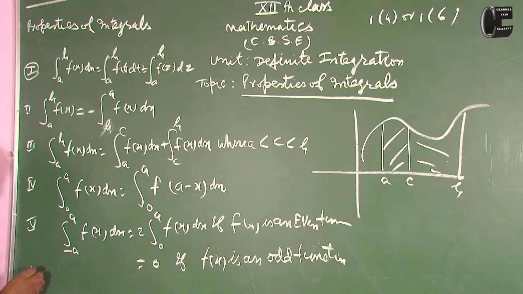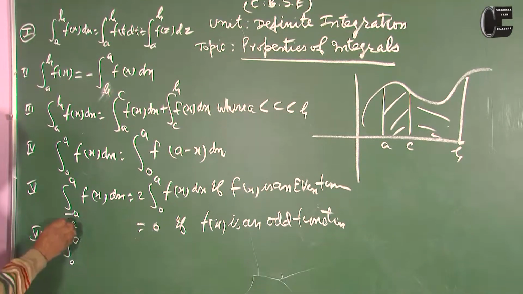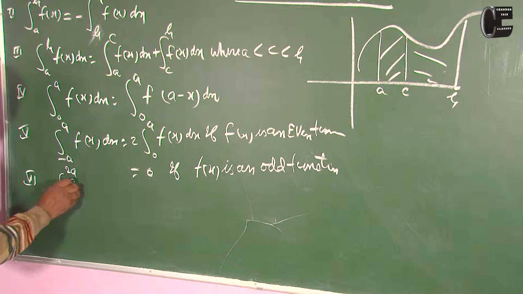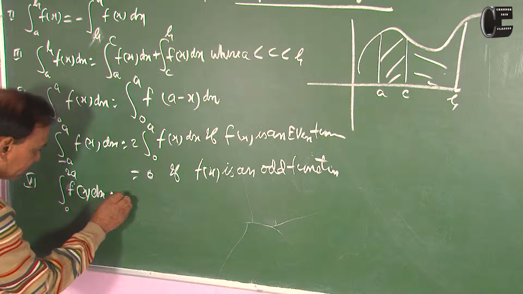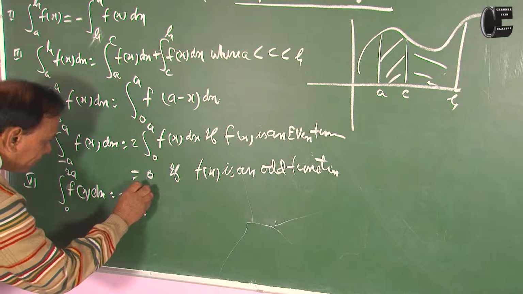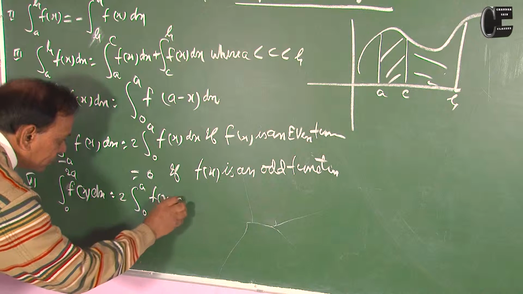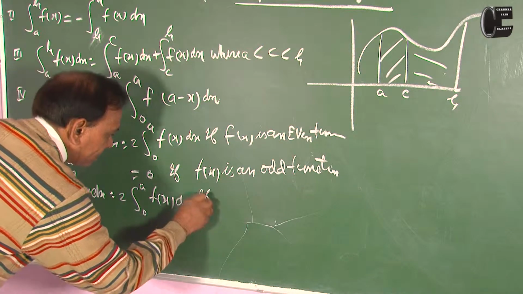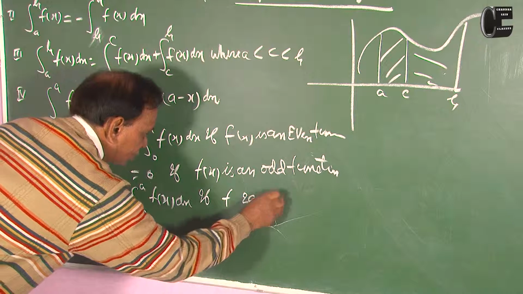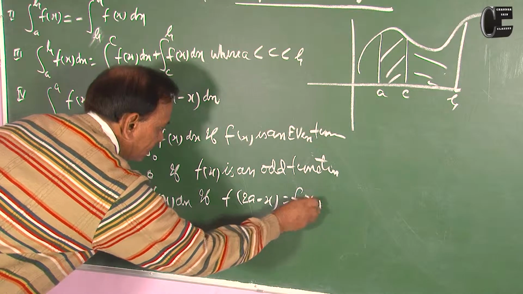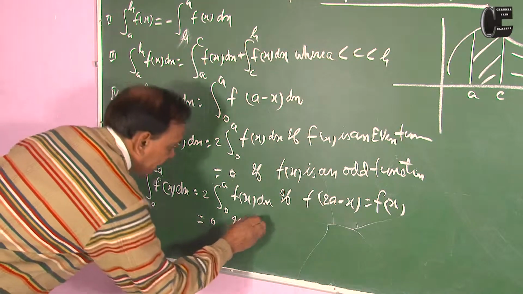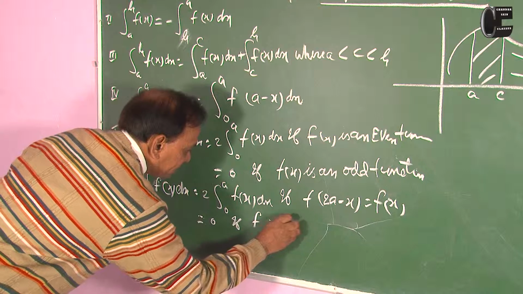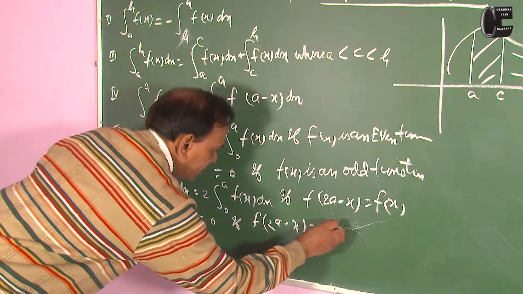Sixth property: integral from 0 to 2a of f(x) dx will be equal to 2 times integral from 0 to a of f(x) dx if f(2a minus x) equals f(x). It will be 0 if f(2a minus x) equals minus f(x).